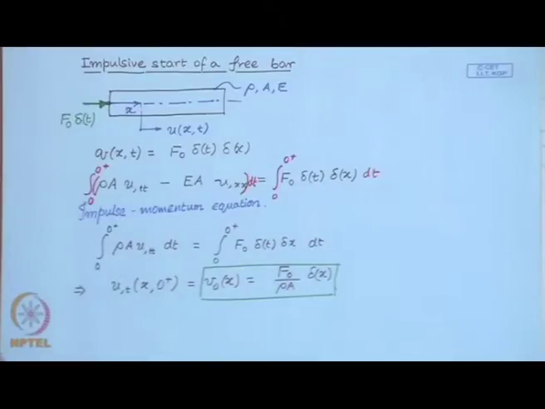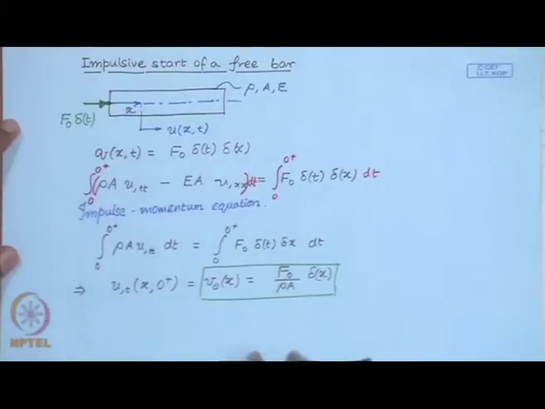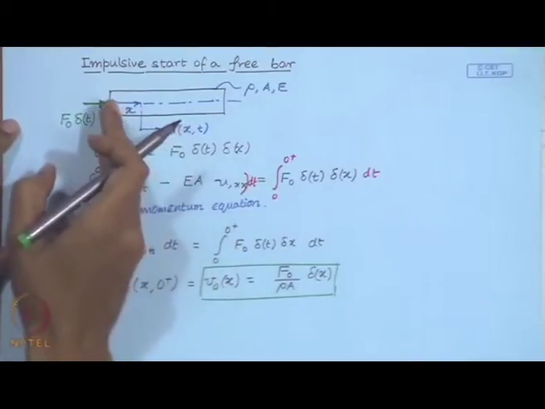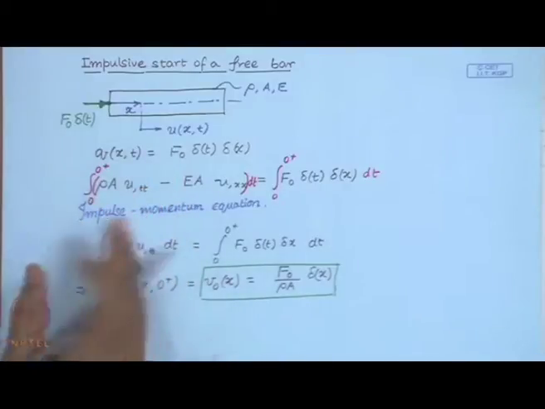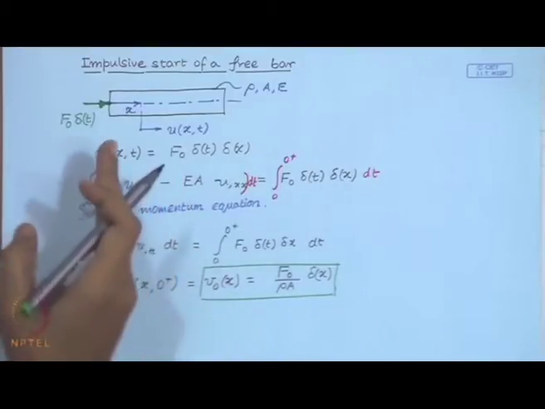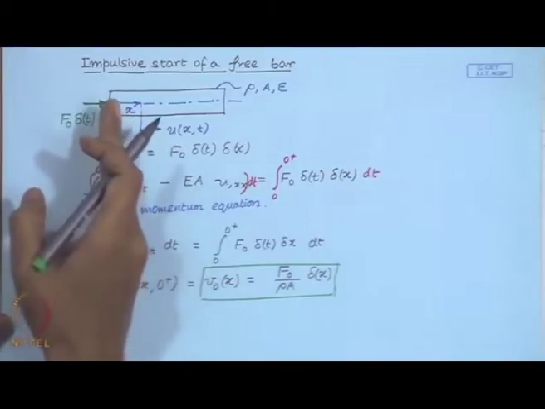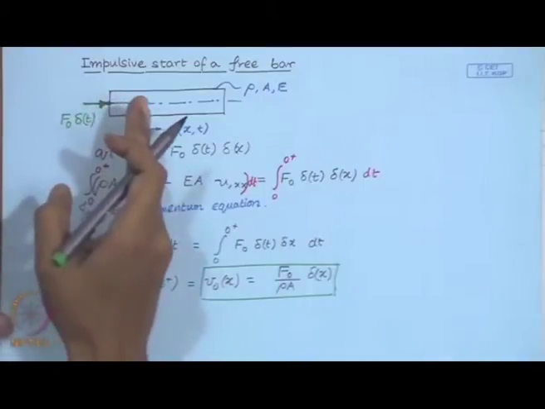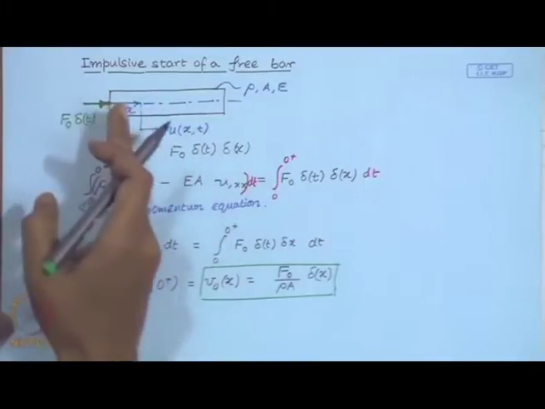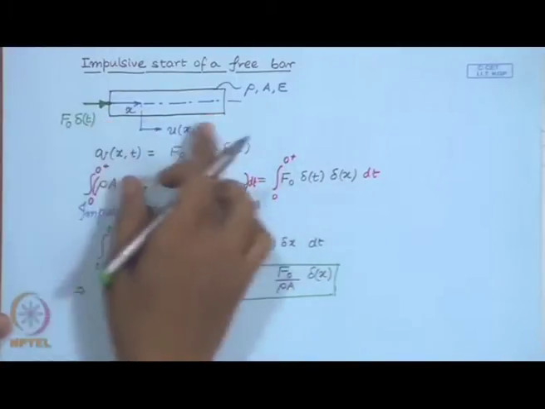Now, when we give an impulse and disturb a bar like this, as you can guess from the animations I have shown you, a wave front starts propagating. This point of the bar immediately does not know that there has been an impulse.